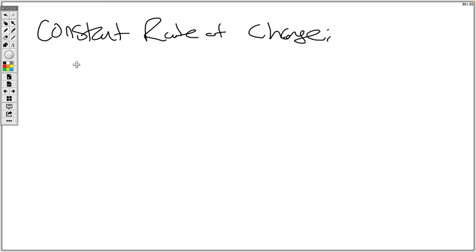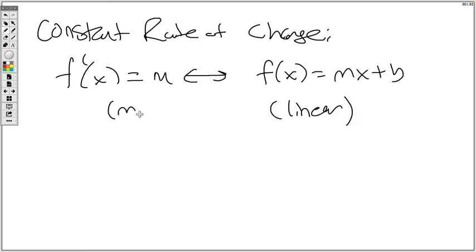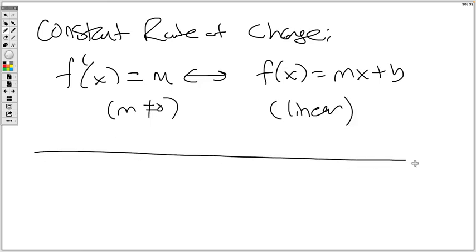So constant rate of change is where your derivative is just a constant. This corresponds to linear functions. If your derivative is a constant, then you get linear functions, assuming, of course, the rate isn't zero.